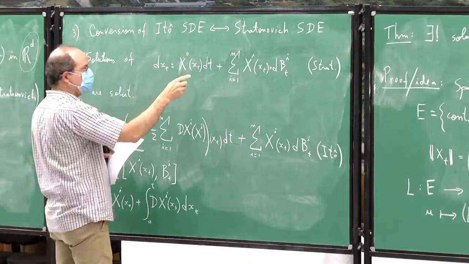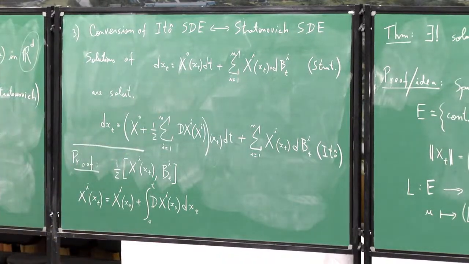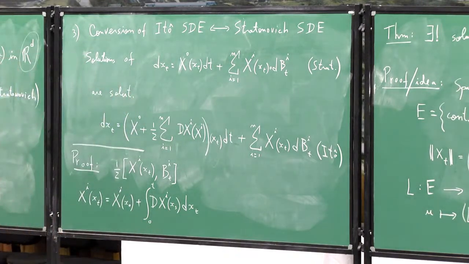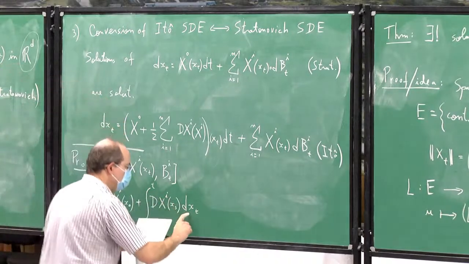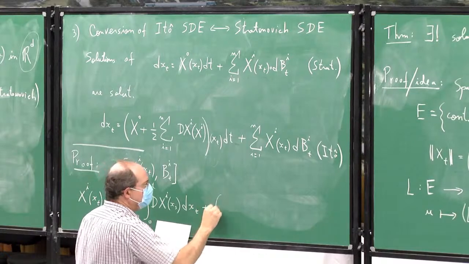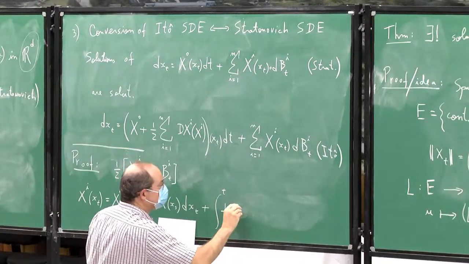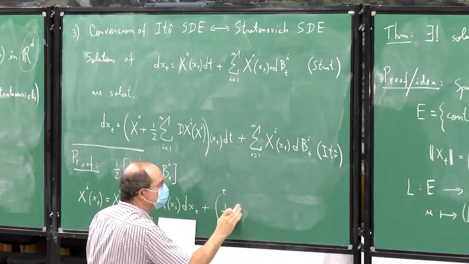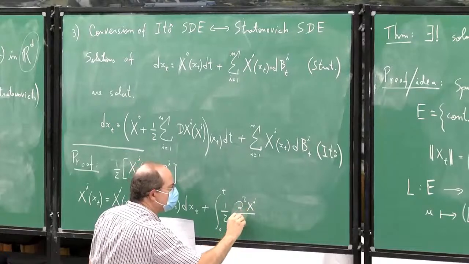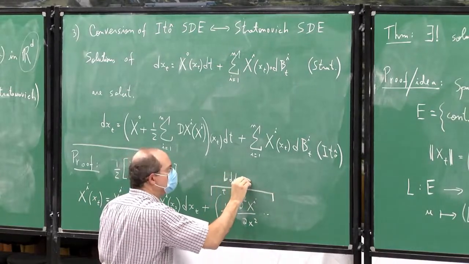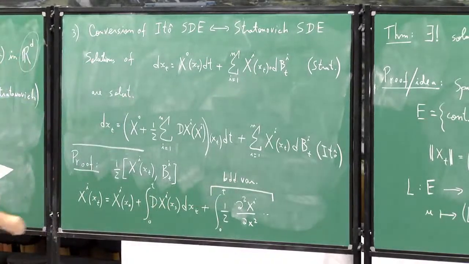Who is Xt? Well, this is Xt. Plus, if we apply the Ito formula, this is the guy plus integration from 0 to t of half of the Hessian, or rather second derivative, of something which is bounded variation, which is not relevant. So these two parts are not relevant.